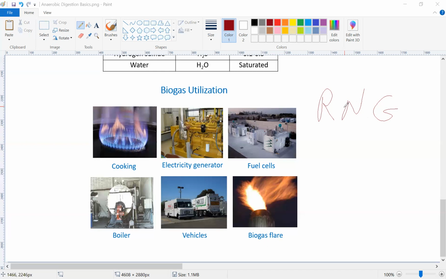Or in the worst case scenario, if there is no use for the biogas, for example if an electricity generator has some problems, then instead of venting the biogas to the atmosphere, just flare it. You convert it to a less harmful gas, carbon dioxide, instead of venting biogas containing methane.